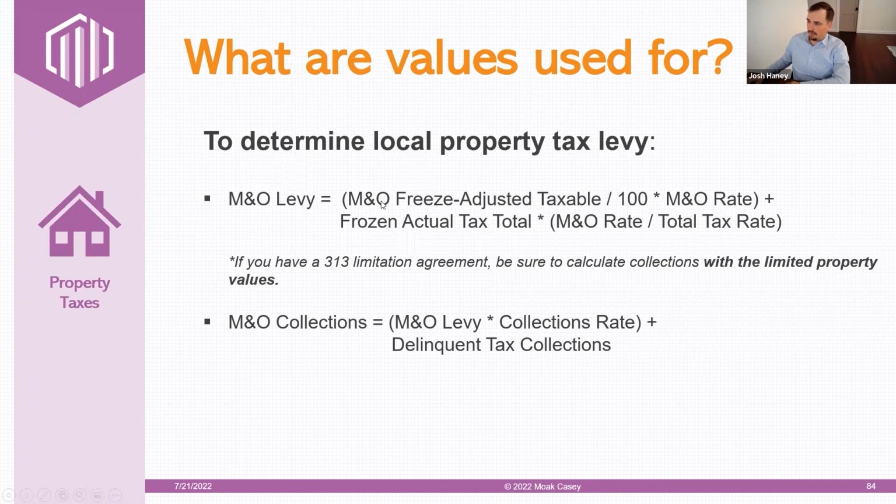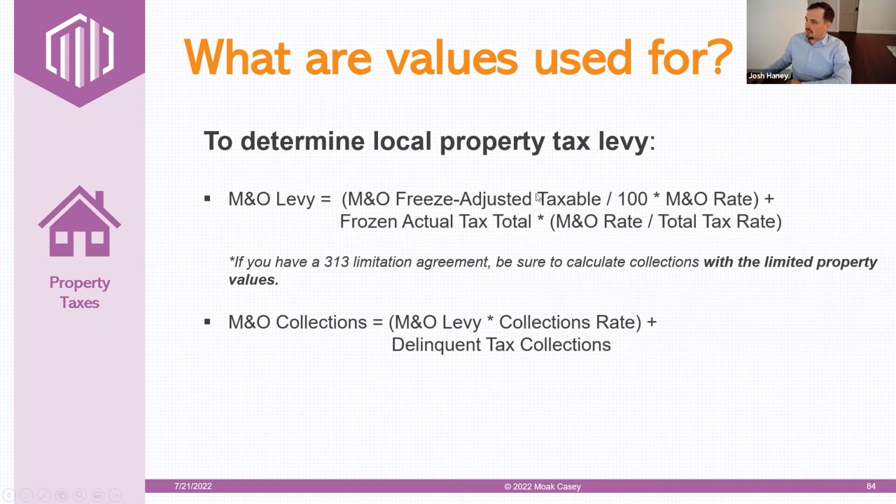So we get your M&O freeze adjusted taxable value from your CAD report, divide by 100 times the M&O rate that you think you're going to adopt for the current year. Again, you'll probably want to figure out what your compressed rate is going to be, how many tier 2 pennies you're going to levy, and, we'll just do tier 1 and your tier 2 rate, because we're just doing M&O for now.